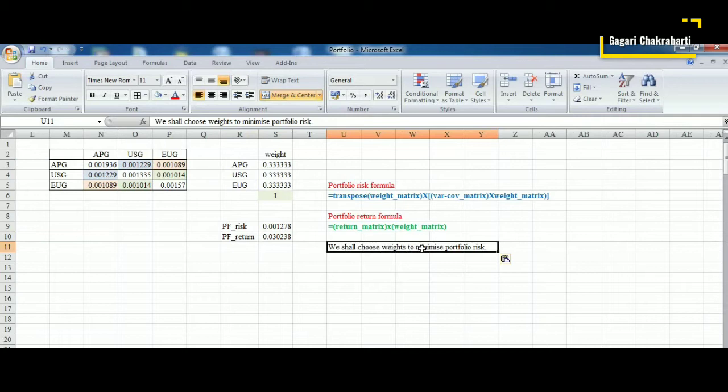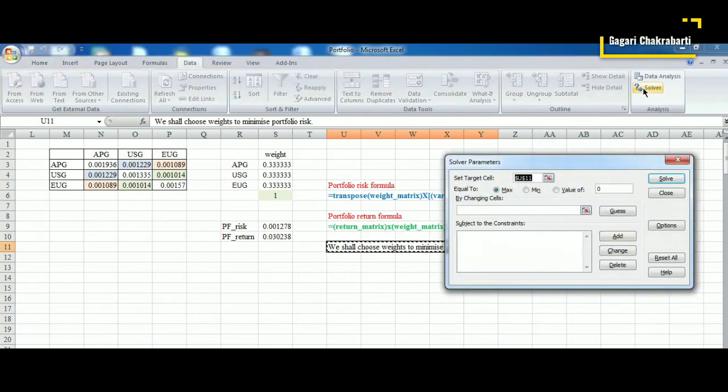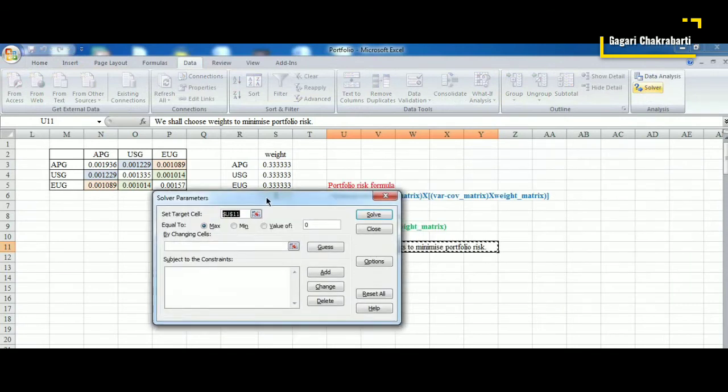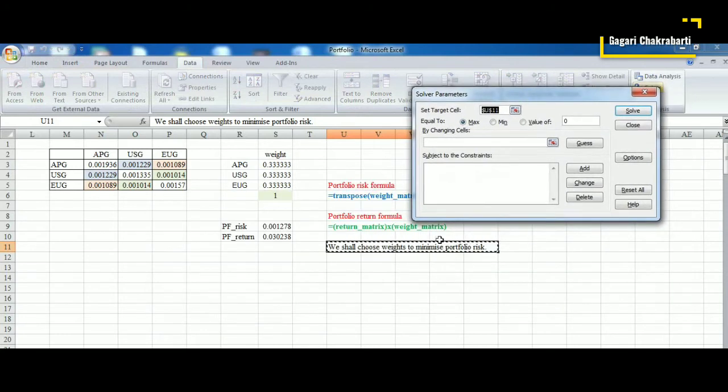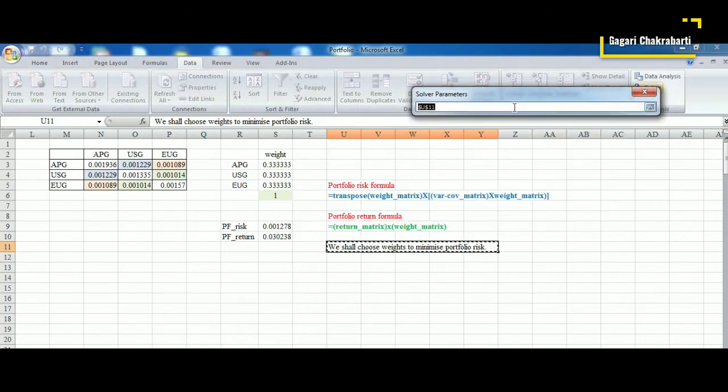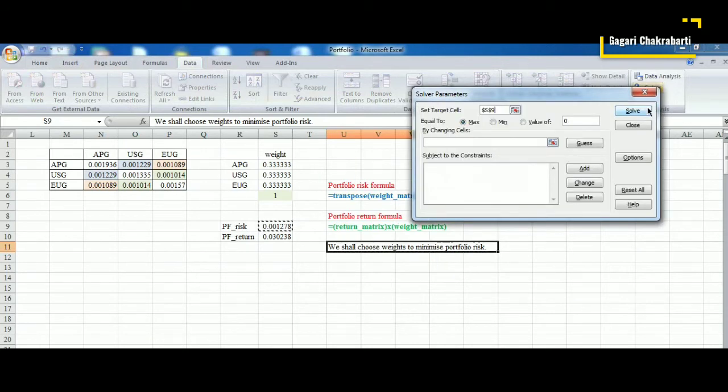Now in the second case, we shall construct a portfolio which will minimize the risk of the portfolio. So that is the minimum variance portfolio. The target cell is the risk, and we are minimizing it.